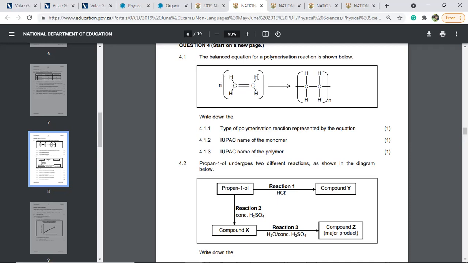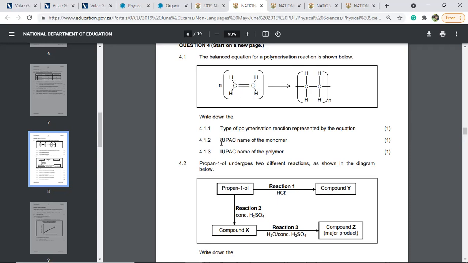It's on our left-hand side. It's C2H4 with a double bond. And we know that if there's a double bond between carbon atoms, then the functional group that molecule belongs to will be an alkene.